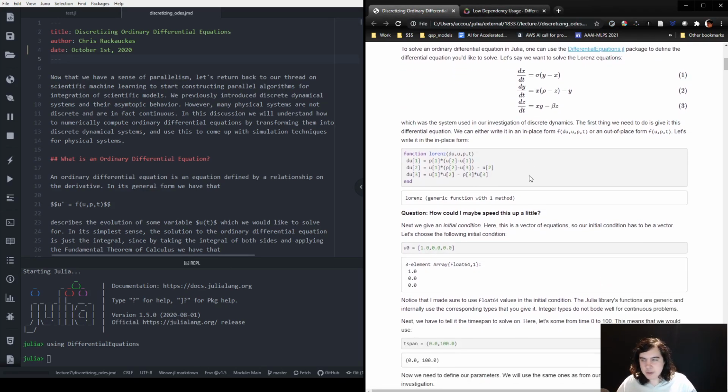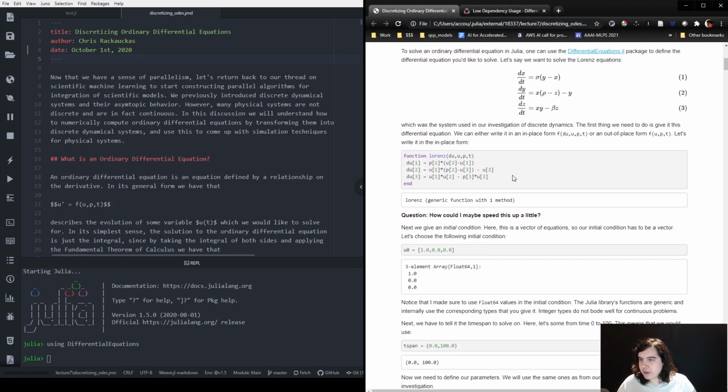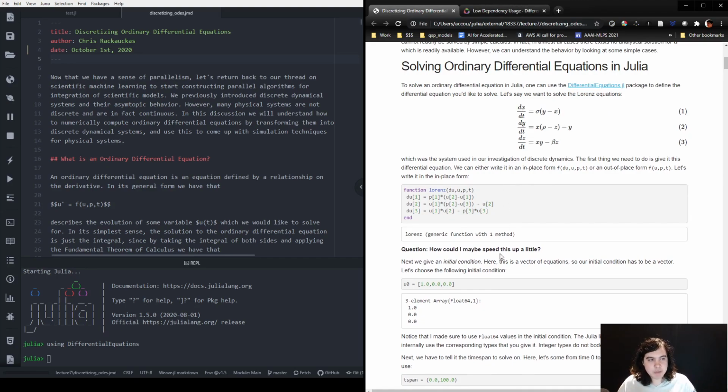So let's take a look at defining an ordinary differential equation. If we were to look at the Lorenz equations, right, we would see this as something where it's u prime equals f of u, p, t, where f is defined as one of these equations where you have u prime 1 equals f1 of u, p, t, u prime 2 equals f2. And so what we want to do is write this down in terms of vector notation.